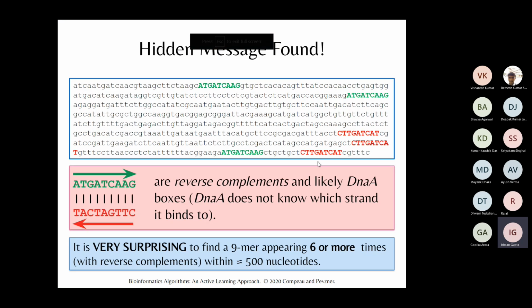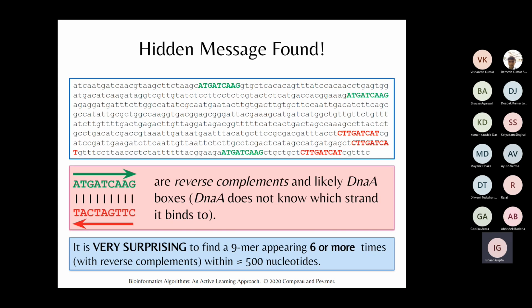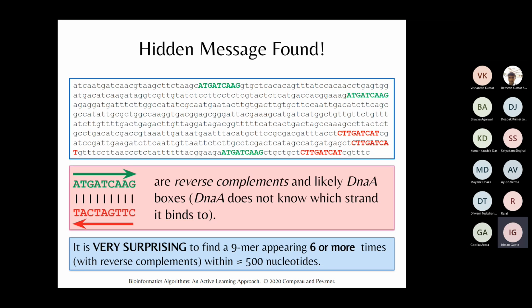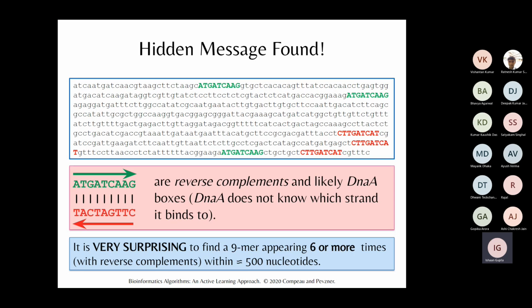In the last class, I introduced you to a simple algorithmic warm-up of finding hidden patterns inside a DNA sequence. Specifically, we were looking for a hidden pattern in the origin of replication, and we found that the origin of replication in Vibrio cholerae, a specific bacteria, is enriched for a high number of 9-mers, 3 9-mers and 3 reverse complements of those 9-mers, which represent what are called DnaA boxes.